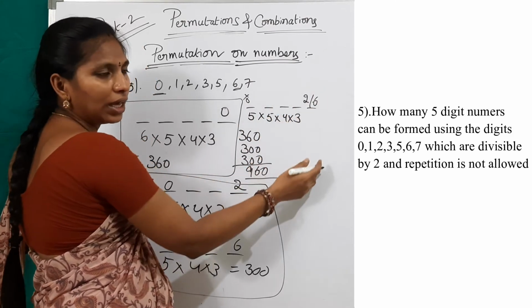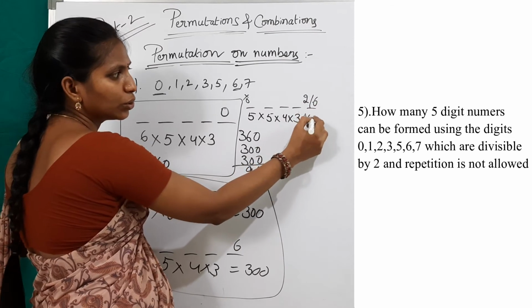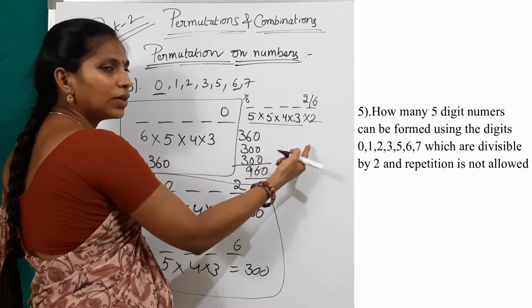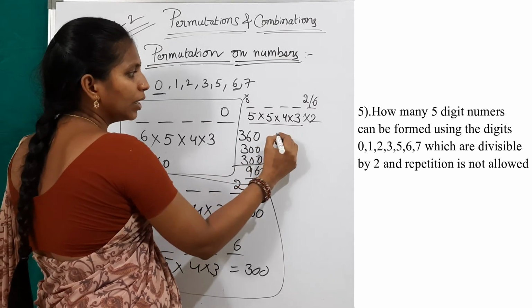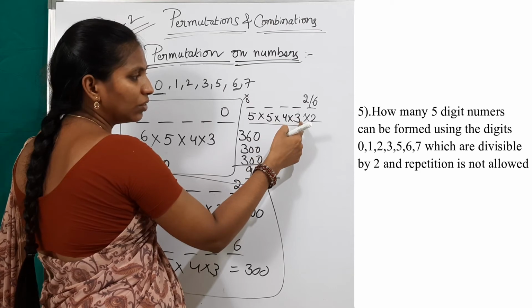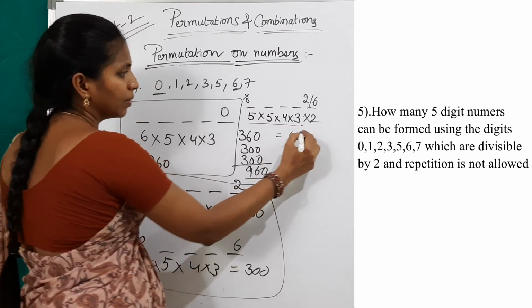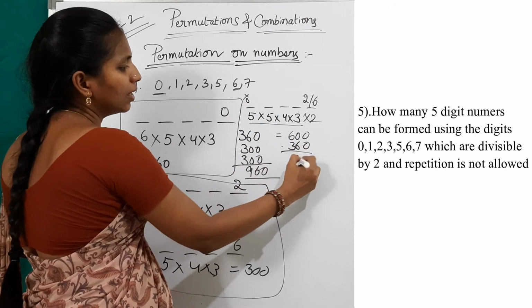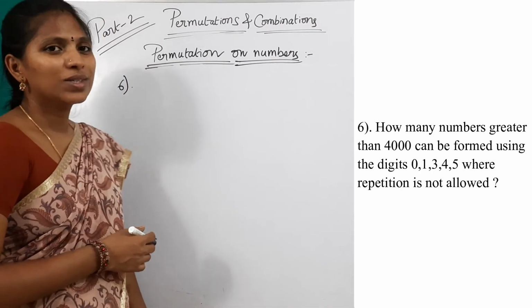And how many numbers? 2. Up to here same for 2 and same for 6. That's why into 2. Then 5 into 5, 25 into 4, 100 into 3, 300 into 2 is 600. Then 600 plus 360. What is the answer? 960.